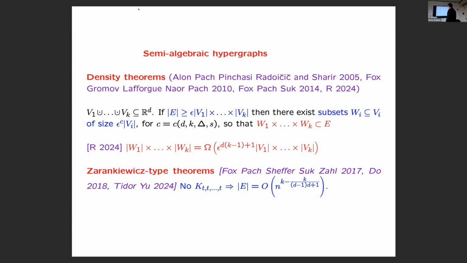It has been discovered since 2005 that semi-algebraic graphs and hypergraphs possess certain very nice, very smooth combinatorial properties.